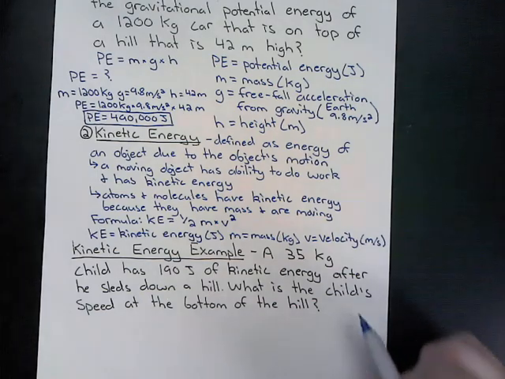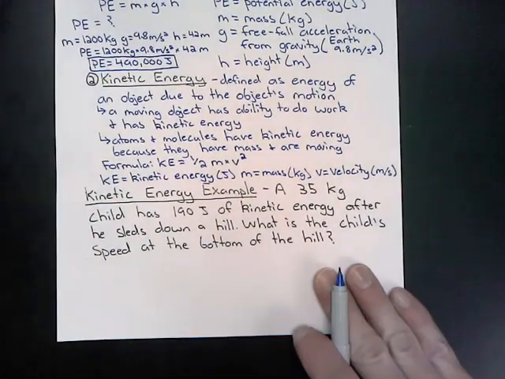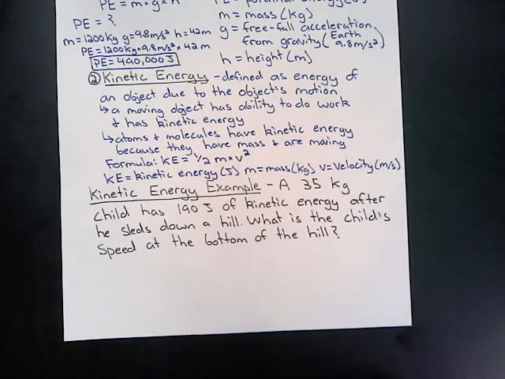So we get down here to our final part of section 13.3, and we have a 35 kilogram child. They're outside enjoying the snow. They're on a slide, or maybe a hillside if they're sledding, and they go down a hill, and at the end of the hill, that sled and that child had 190 joules of kinetic energy after they slid down the hill.